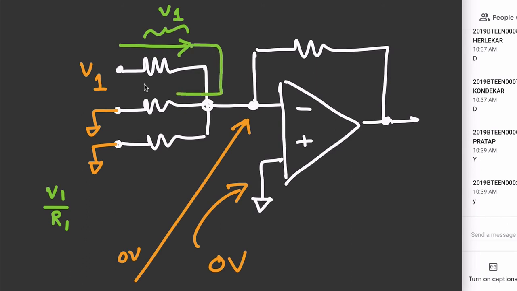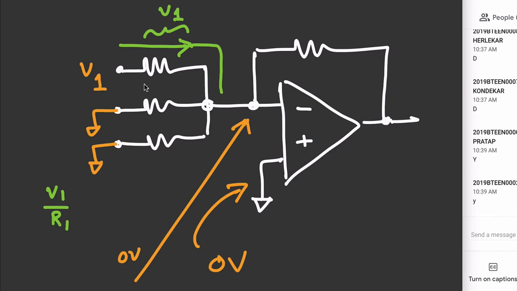It cannot go here because this terminal and this terminal are equipotential. This terminal and this terminal both are 0, so current cannot flow. So this is not possible. Obviously this also is not possible for the same reason.